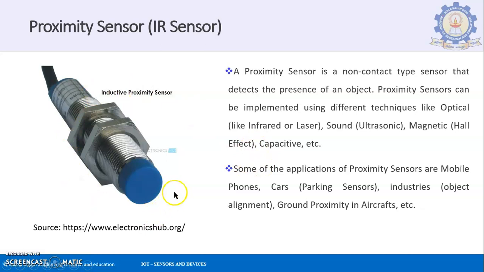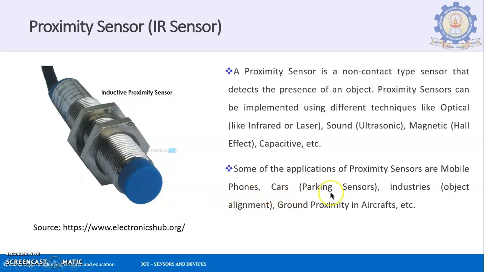And applications, where do you use these? The most common application is the one you use in your mobile phone. You may be aware that when you keep your phone next to your ear, your display automatically goes off. How is it done? With the help of the sensor. We'll be looking into that.